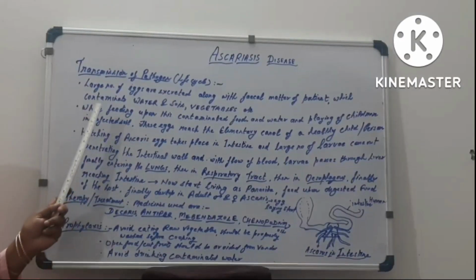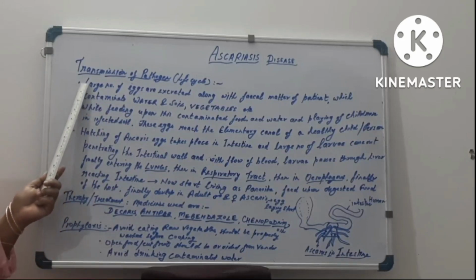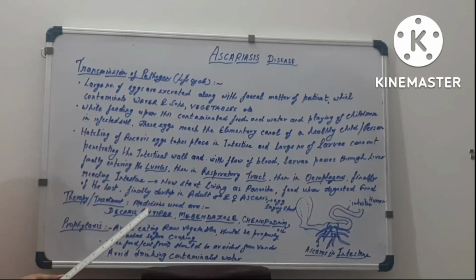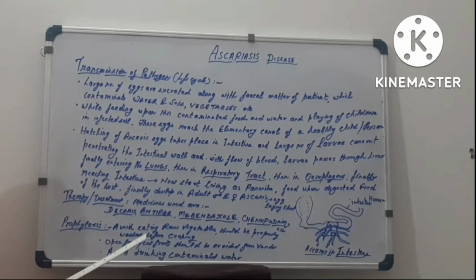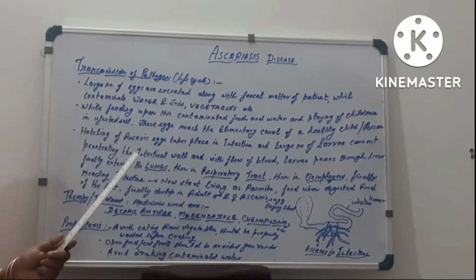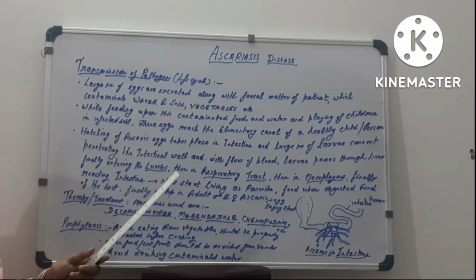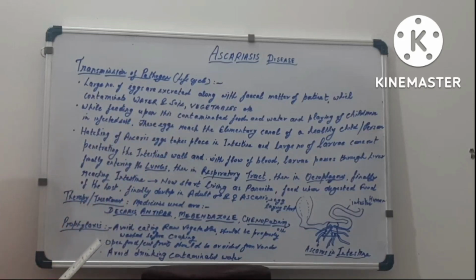Now we come to the life cycle of the pathogen, that is Ascaris lumbricoides, and it is also known as the transmission of pathogen between the body of human being, that is intestine, and between the soil and the water. As a large number of eggs are excreted along with the fecal matter of the patient, it contaminates the water and soil and vegetables also, which are sown in the crop fields.